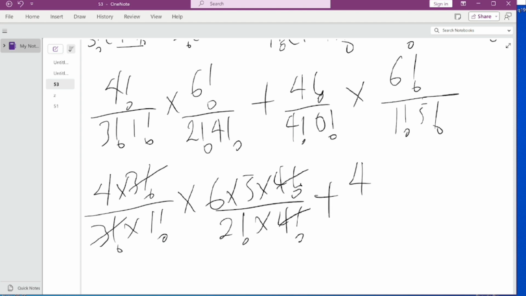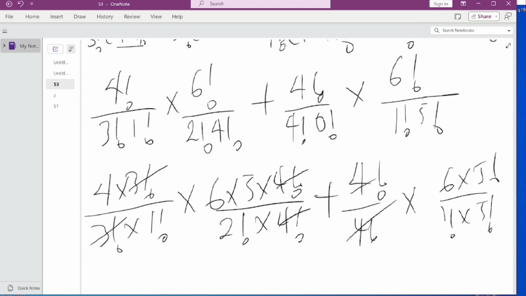Plus 4 factorial over 4 factorial times 0 factorial, which is 1, so 4 factorial cancels 4 factorial, times 6 times 5 factorial over 1 factorial times 5 factorial. 5 factorial cancels 5 factorial.